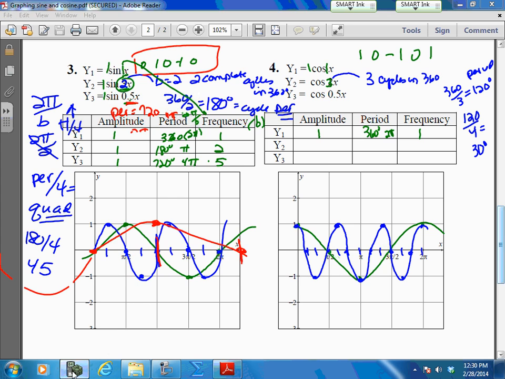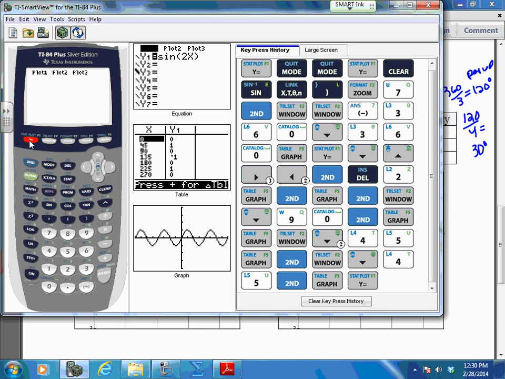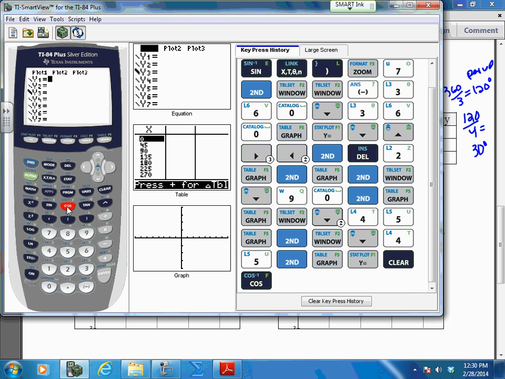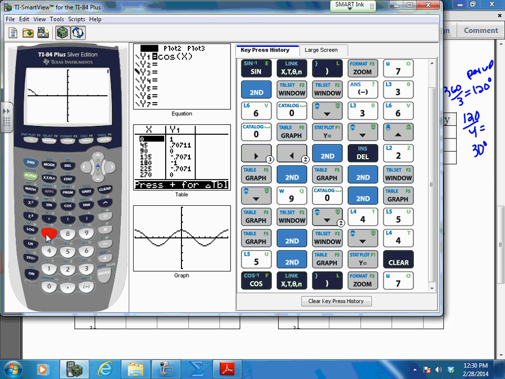So let me just pull up my calculator for a minute here and show you in my calculator. Here's my cosine of x. I'm going to go to a regular Zoom trig. I have my mode in degrees. It's giving me 4 quadrants, right? 1, 0, negative 1, 0, 1.